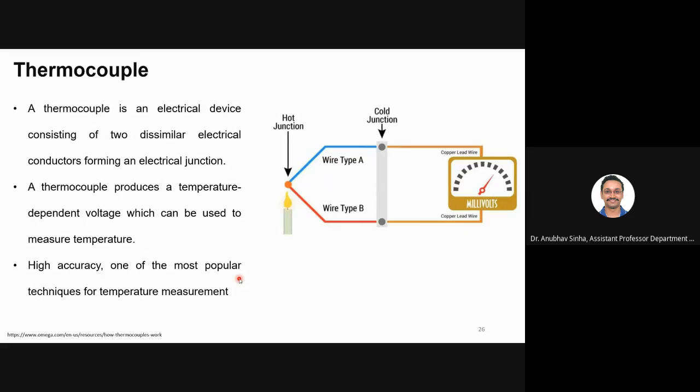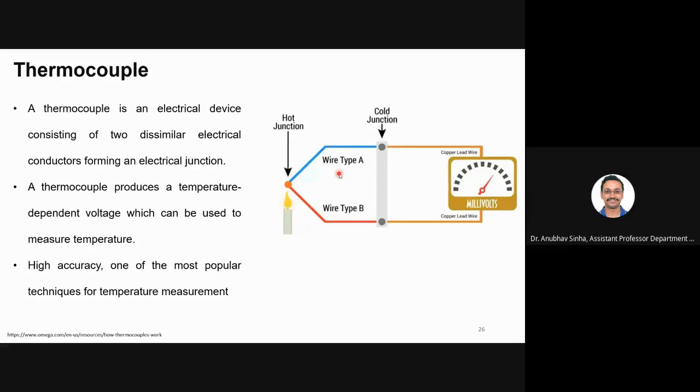There are like seven or eight types of thermocouples, such as B type and K type. Let me add more details; I just wanted to give a quick overview. If you are interested in more details, then I need to make more slides, and maybe Wednesday we can talk about it. Is it fine?